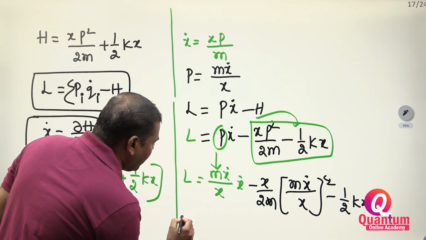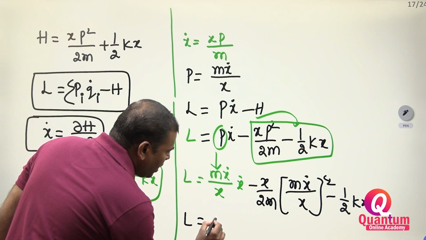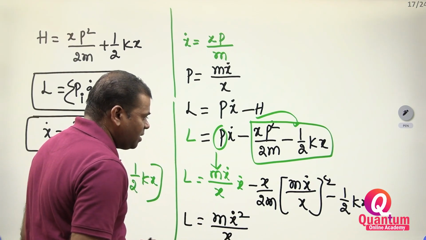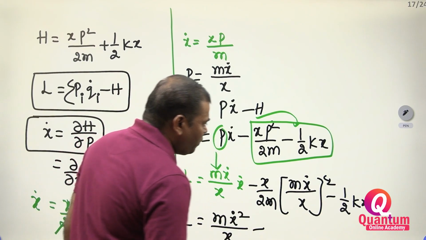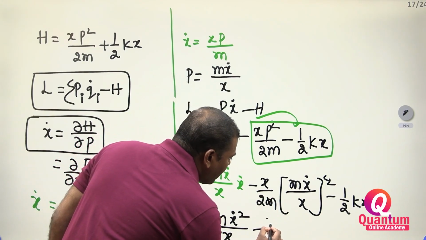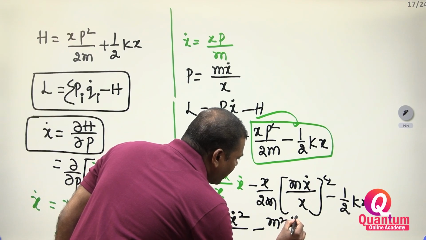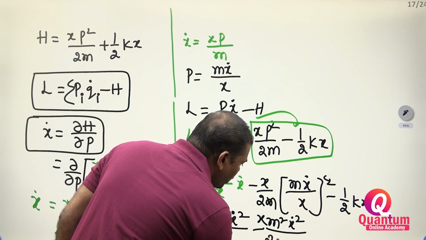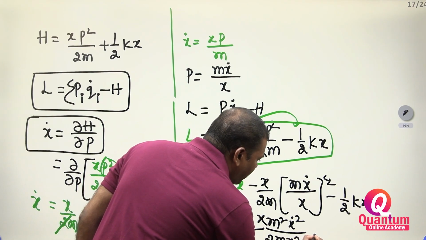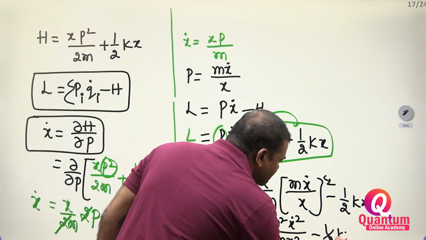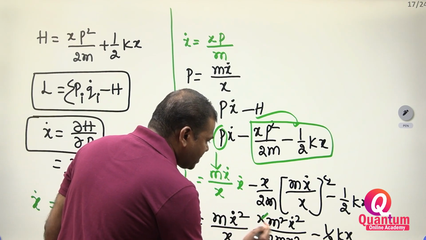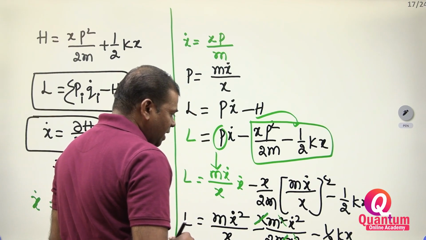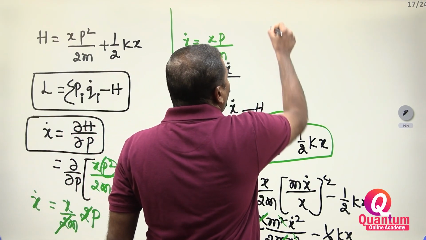Now I am simplifying. L = mẋ² − m²ẋ²/2m − 1/2 kx. Here you have to cancel it. One m gets cancelled. Here you have to see what value is remaining.